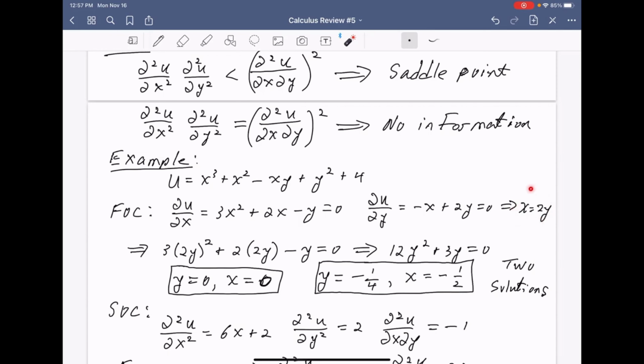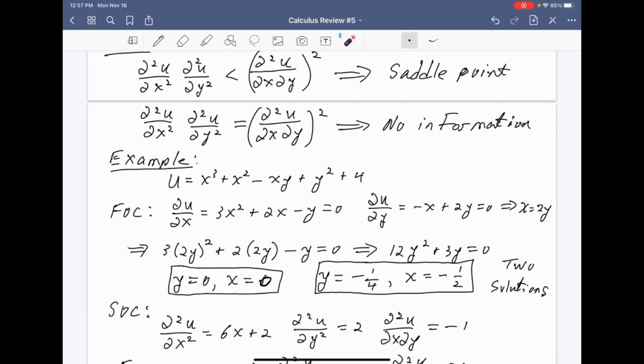So we use this information, x equals 2y, and we put that into the first derivative with respect to x, and we get 3 times (2y) squared plus 2 times 2y minus y, equal to 0.